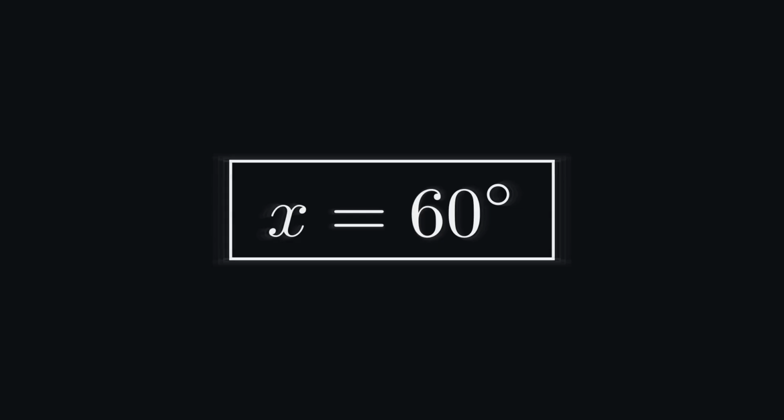For part A, we divided by 5, used inverse sine, and got x equals 60 degrees. For part B, we let the shorter shadow be x, so the longer shadow became 60 plus x. Then we used tangent in the two right-angled triangles, solved for x, and found the height, h equals 68.8 meters.